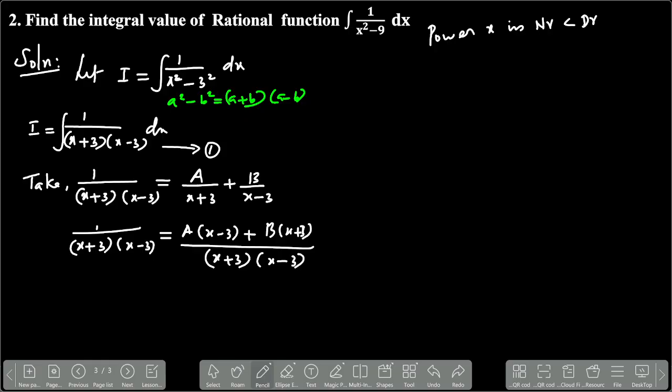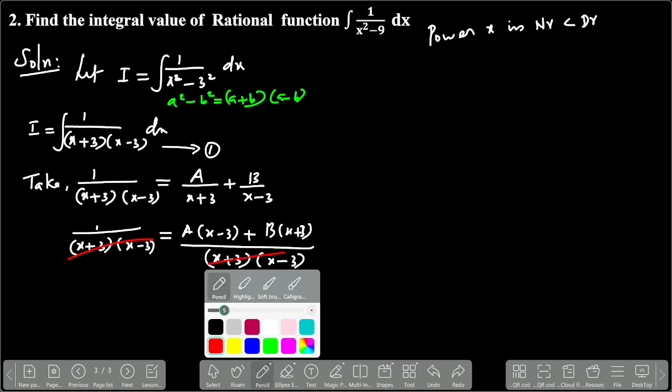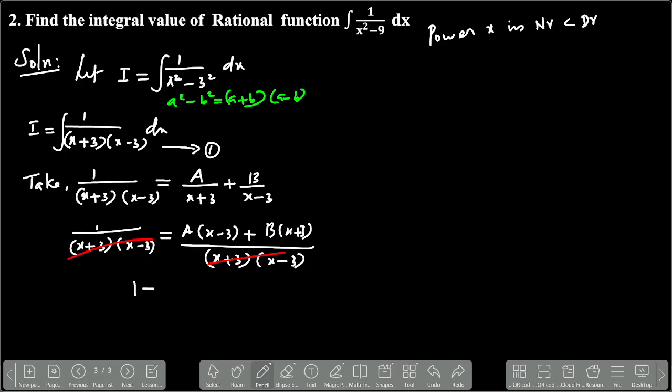Otherwise you go a by LCM, b by LCM, and if having three terms, c by LCM. It is not necessary here. Now cancel the denominator x minus 3, x plus 3. What is the polynomial? 1 equal to a into x minus 3 plus b into x plus 3. Equation number 2. Students, any doubt?